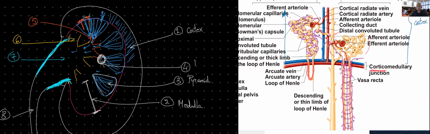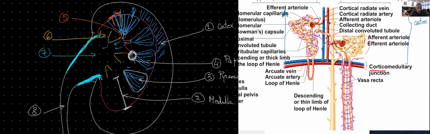Number 4, what you've got here, papilla of the pyramid. And how about the small ducts that will carry the urine away from the pyramid? Number 5, this is going to be my minor calyx.